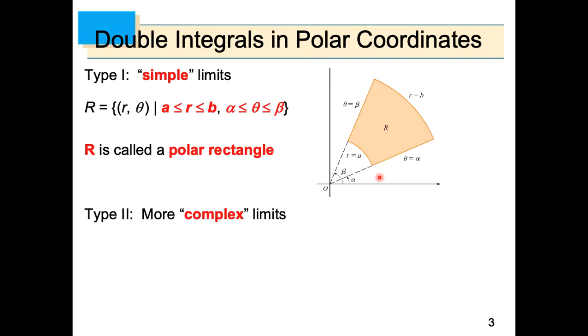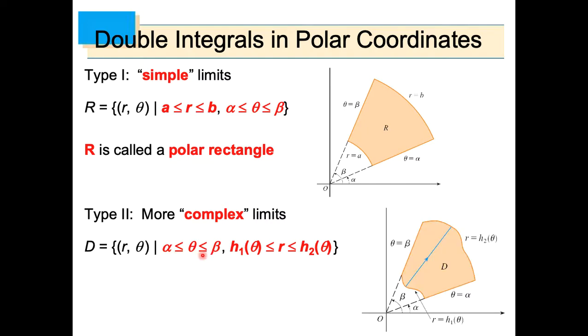Now, more complex limits look something like this, where maybe you have constant angles that you are integrating, but you have a region that looks something like this. This looks pretty crazy, but you'll notice at least my angles are still constant. They are constant straight lines here. And as we rotate, we're rotating from theta equals alpha over to theta equals beta.